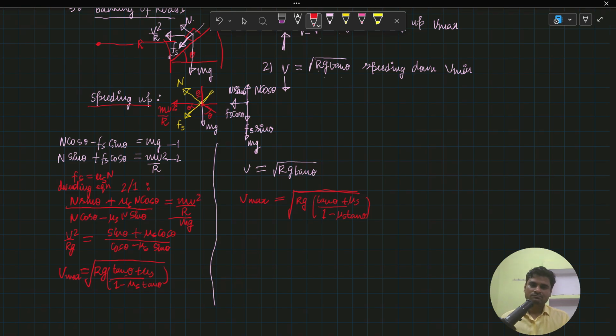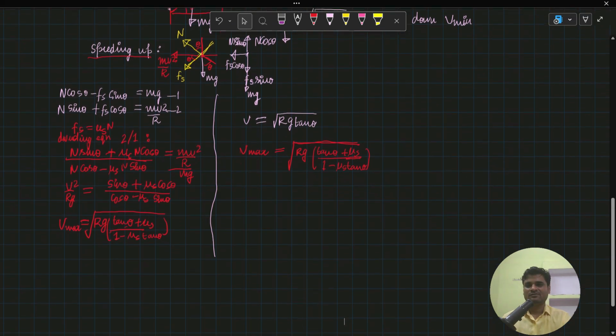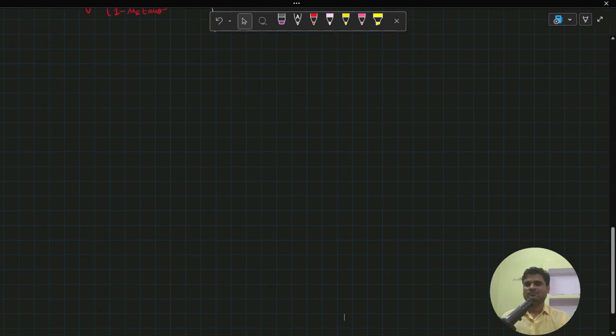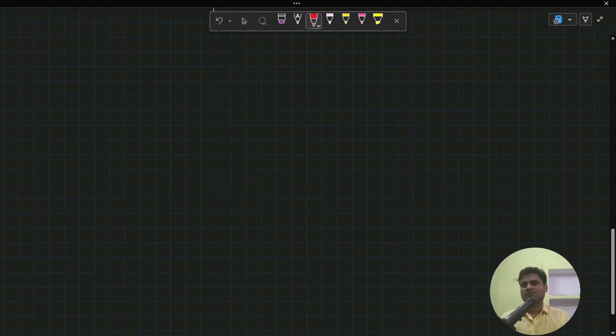Even from this equation, if we say that the friction is not there, so mu s will be 0, so root of rg into tan theta, you can see that this is the same thing. Now what we are saying is, what will happen if the car or the vehicle is speeding down.